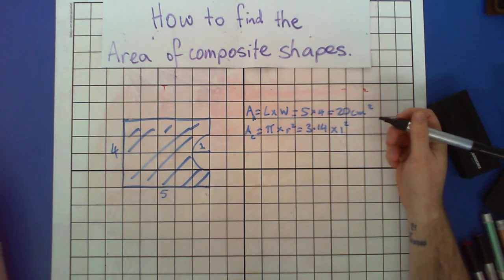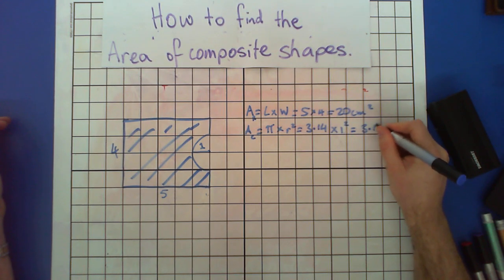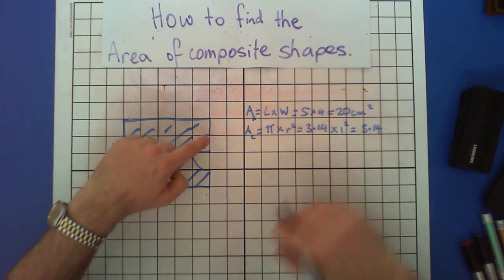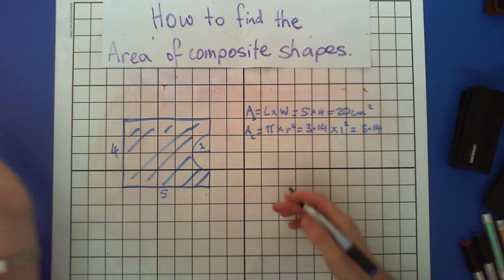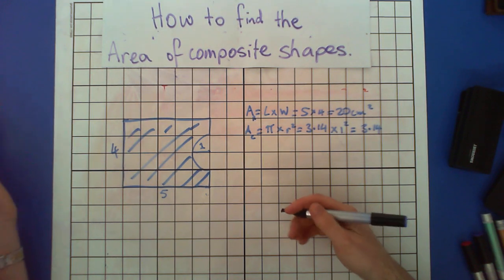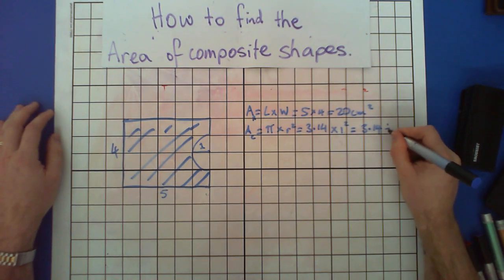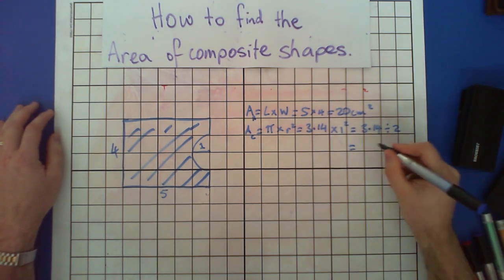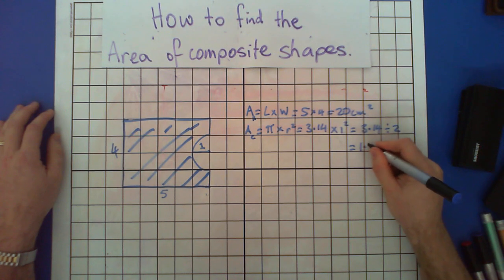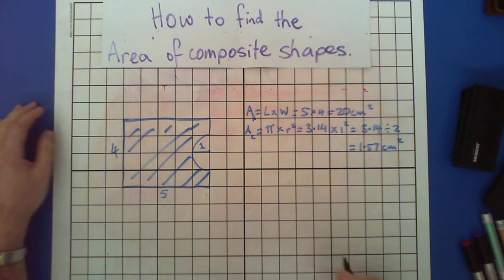Well, 1 times 1 is just 1, and 1 times pi is going to give us pi, which is 3.14. Now the thing is though, this was a whole circle. I don't want a whole circle, I want half a circle. So our area needs to be divided by 2, which is going to give us 1.57 centimeters squared.